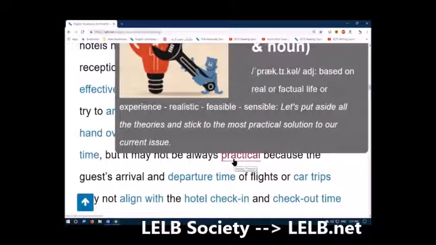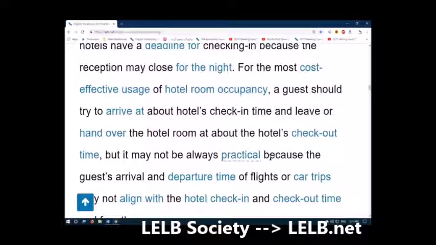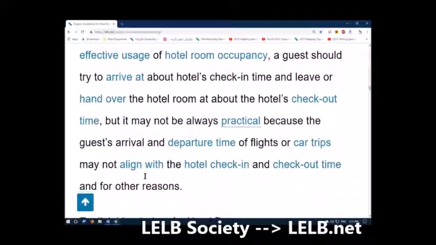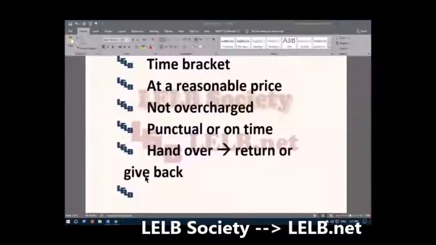Practical means possible, because the guest's arrival and departure time of flights or car trips may not align with the hotel check-in and check-out time, and for other reasons. So sometimes you cannot meet the deadline, and it may not always be practical. It is theoretical. The opposite of practical is theoretical.